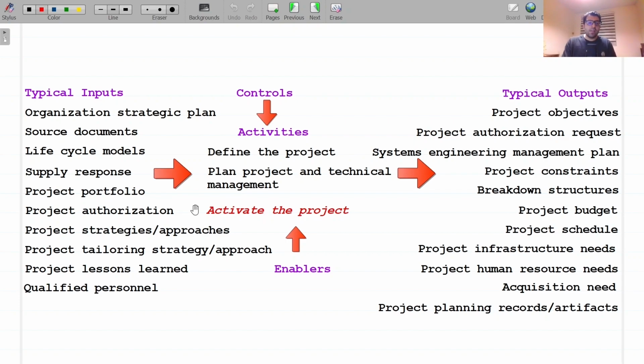Taking shortcuts in the planning process reduces the effectiveness of other technical management process. Well, this is a very important note.